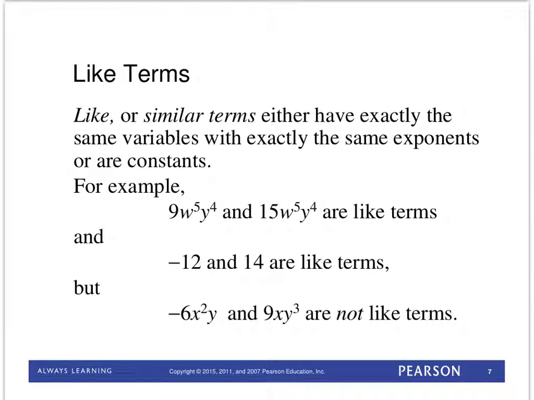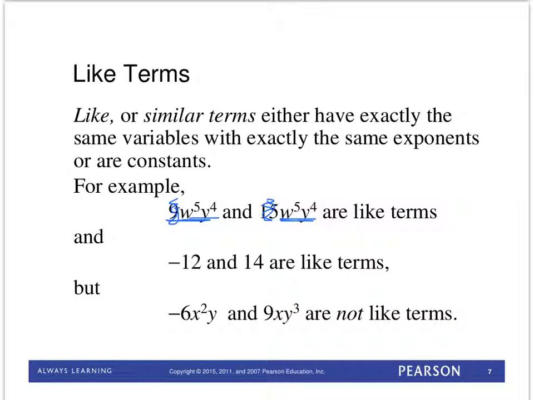So like terms, or similar terms, either have exactly the same variables with exactly the same exponents or are constants. For example, 9w to the 5th, y to the 4th, and 15w to the 5th and y to the 4th are like terms. These are identical variables. Okay, don't worry about the coefficient numbers right now.